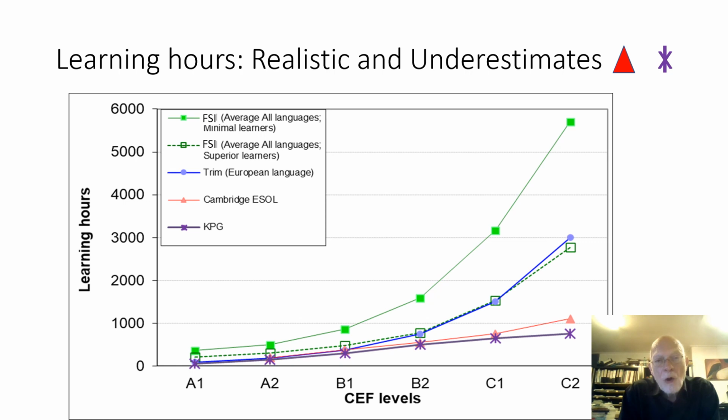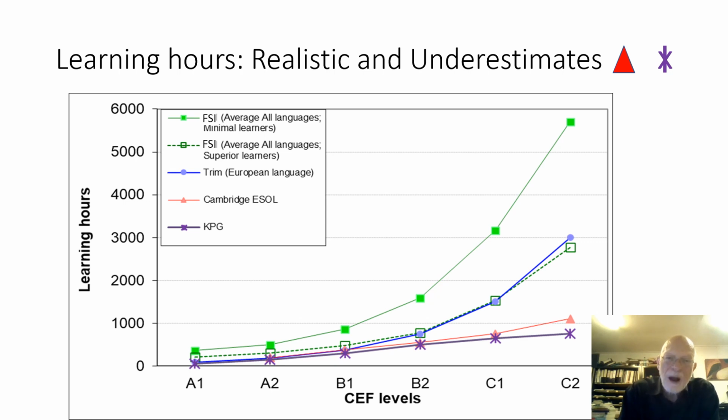Anyway, what we also see is that a large, very influential examination institution like Cambridge, which produces the IELTS and produces the Cambridge language exams, severely underestimates the time needed to get to the level C2.